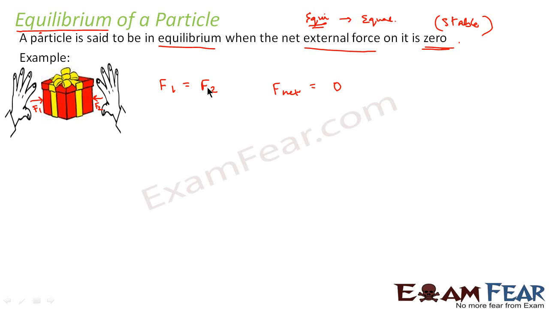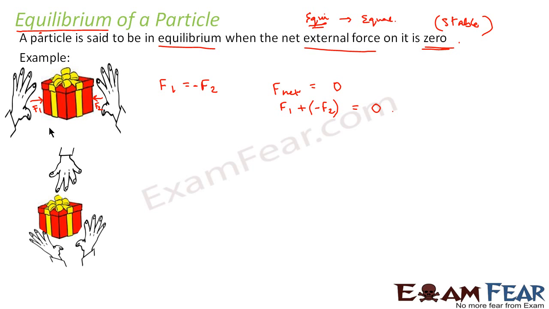Because F1 is equal to F2 magnitude wise, and since the direction is opposite, F1 is equal to minus F2. Now what is F net? F net is the total force, that means F1 plus (minus F2). Now since both are equal, it will come out to be 0.